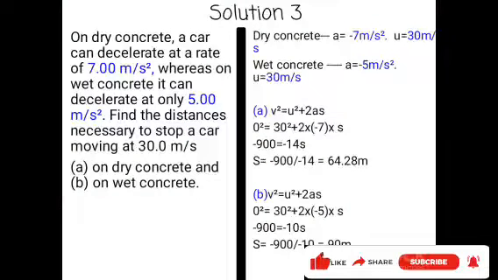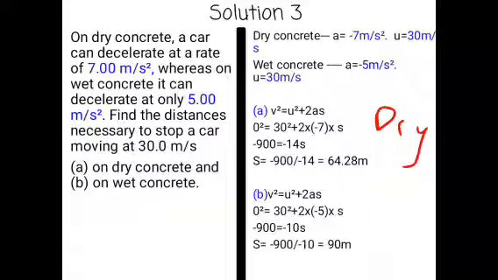So now let's solve. Part A says on dry concrete, so we'll be solving for dry concrete first. v square is equal to u square plus 2as. The v square is the final velocity, this is 0 since the car is going to stop. The initial velocity is 30 as given in the question, then plus 2 times the acceleration, minus 7, times s, the distance.